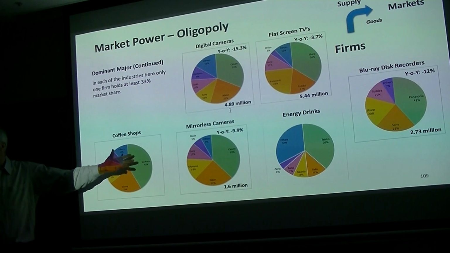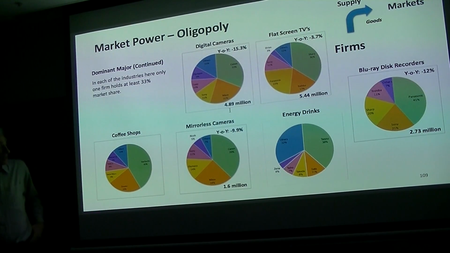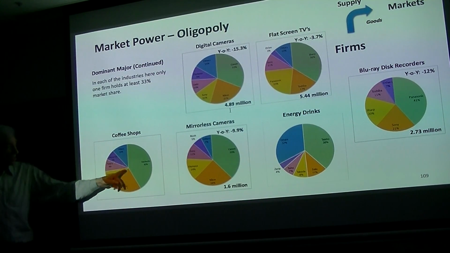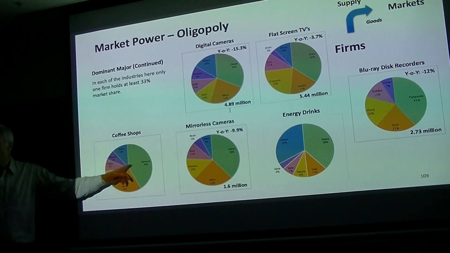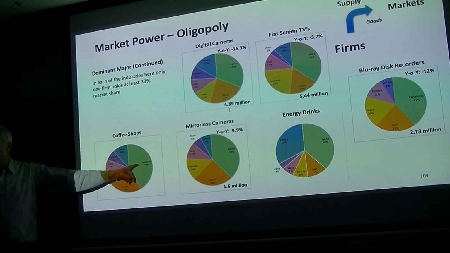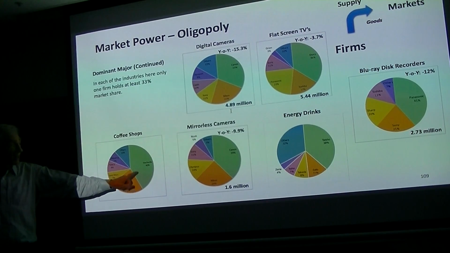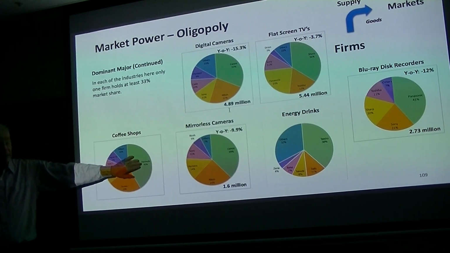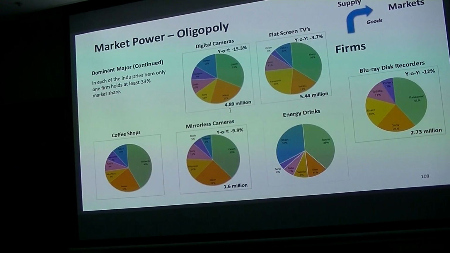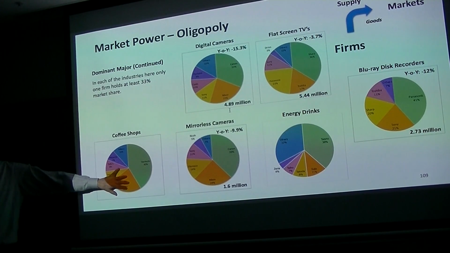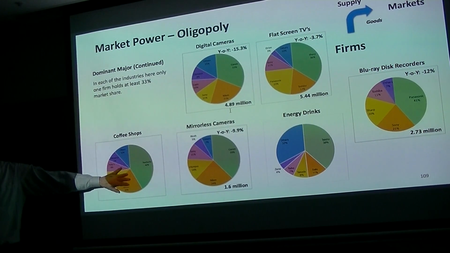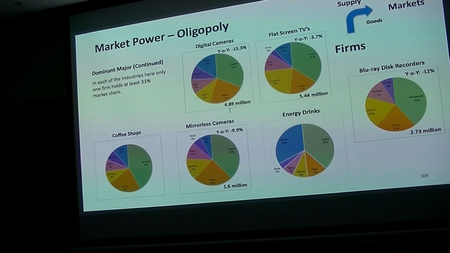They completely reconfigured the market. Tully's has 8%, so the foreign firms had a 50% market share in 2015, probably even higher now. That shows you the degree to which, and this is all of Japan. I think in Tokyo Starbucks would have an even higher market share.